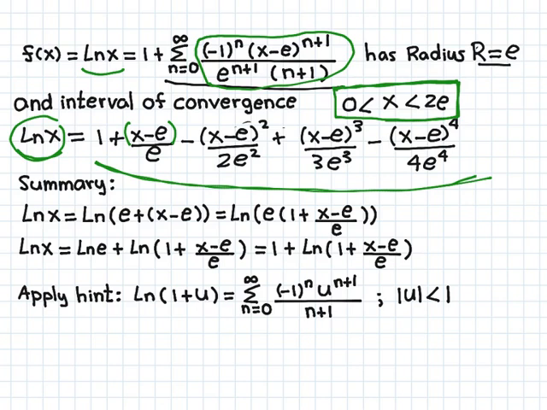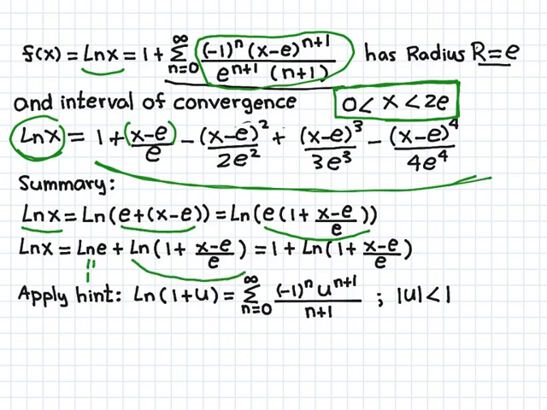All right, let's summarize. So we started by writing log x as log of e plus (x minus e), and then we factored out an e, and then we applied the log rule so that we could use the hint that was given. So we get log of e is equal to 1, and here we have log of 1 plus u.